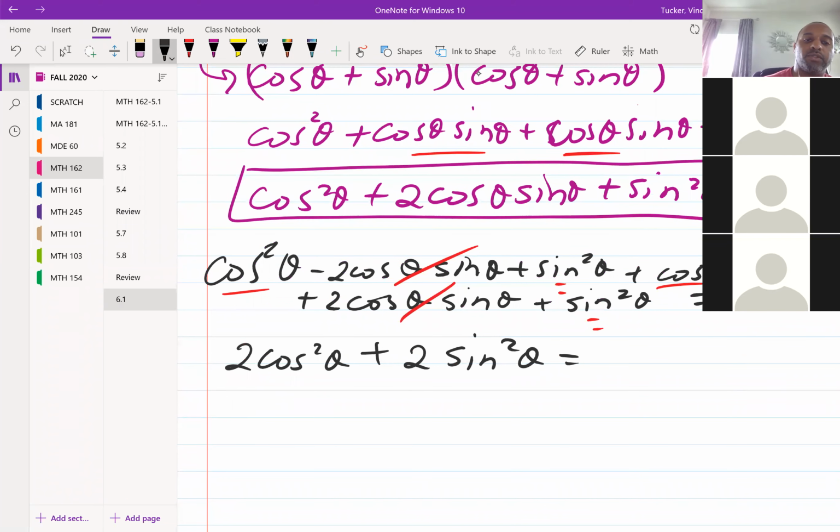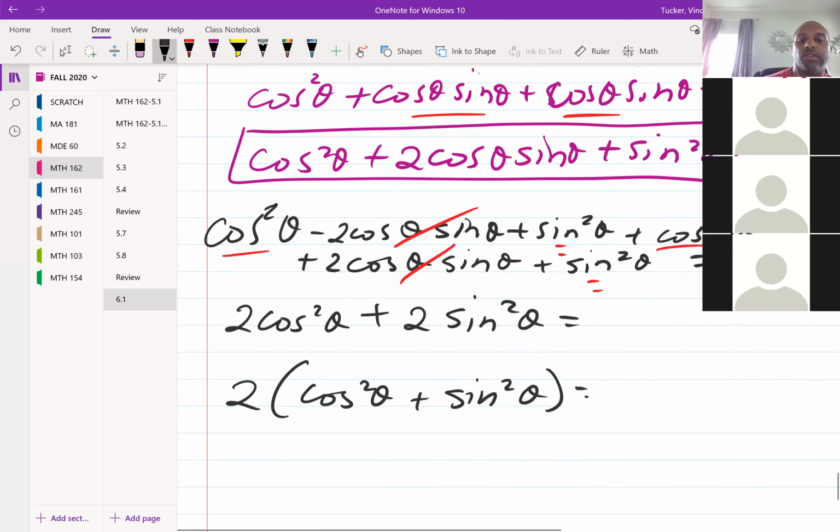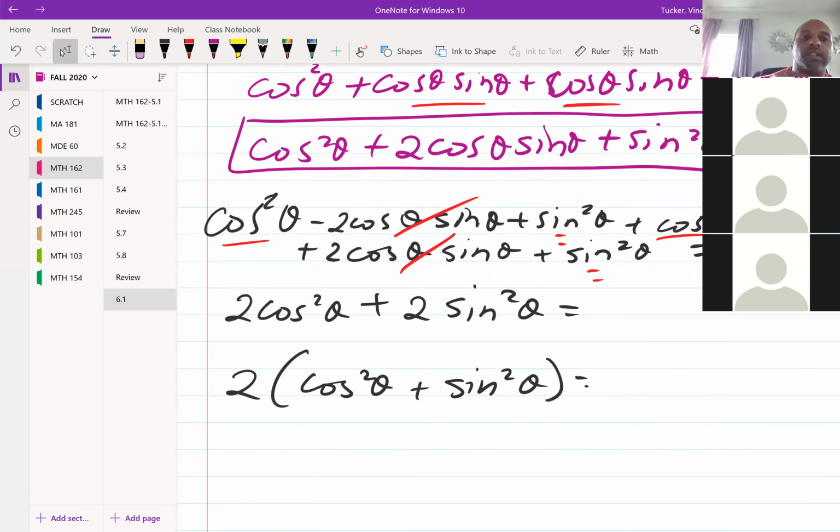Now I can factor out 2, and then 2 times cosine squared plus sine squared. Don't forget that is equal to 1.